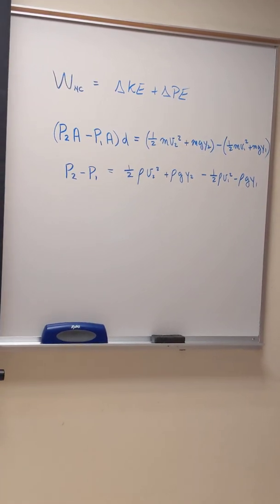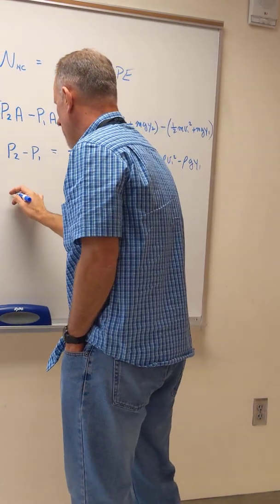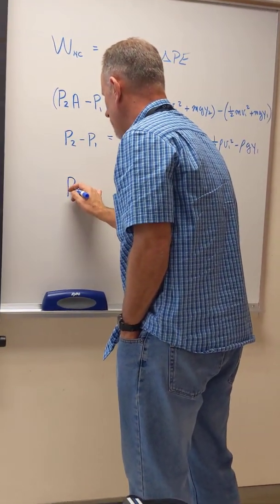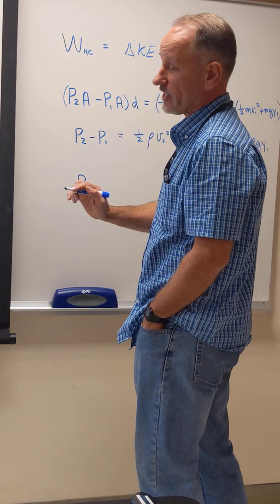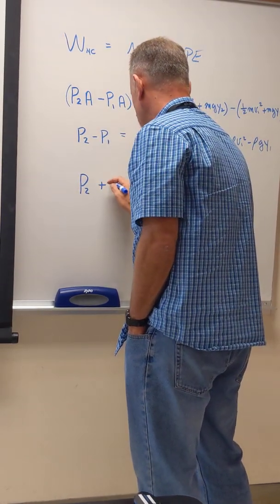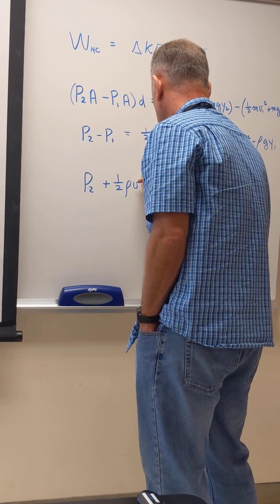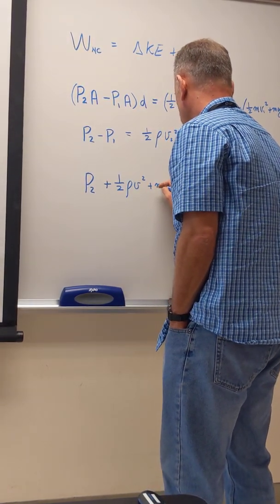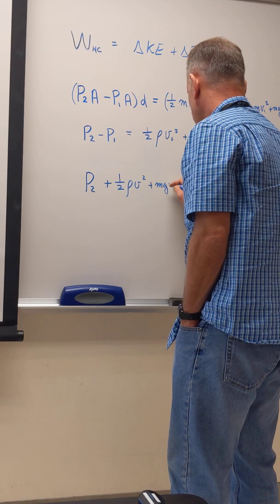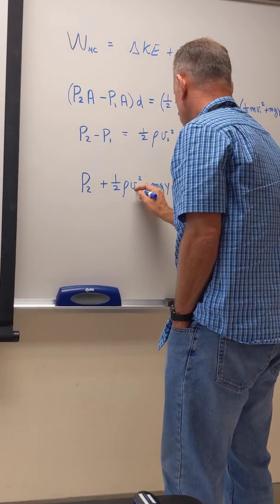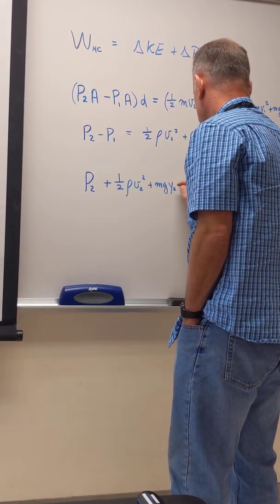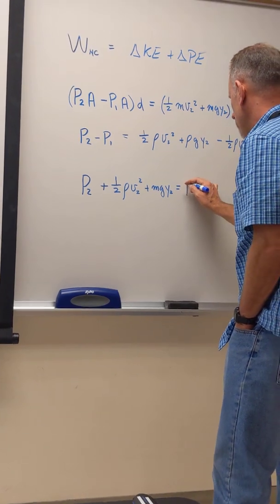I dropped it. But the bottom line is the following. If you manipulate this, had I written it correctly, you would end up with this. And this is the important equation to take away.